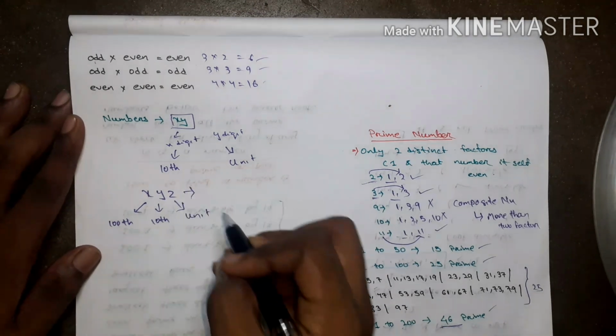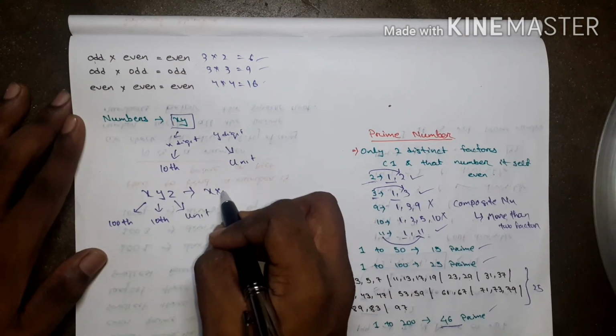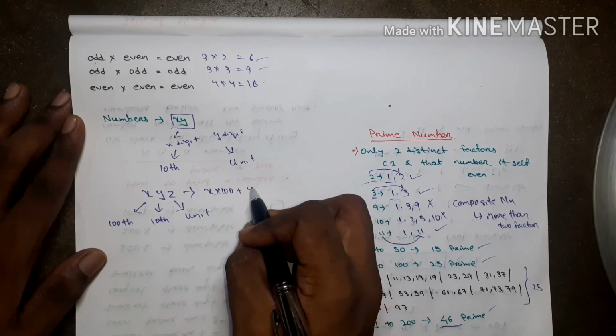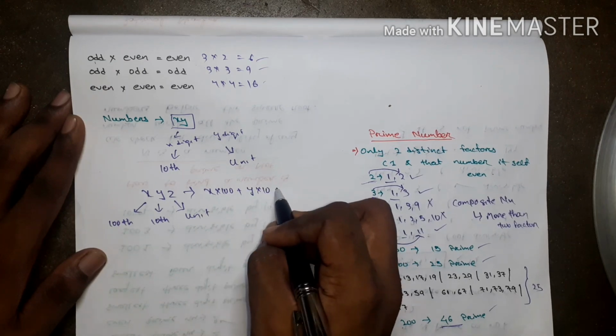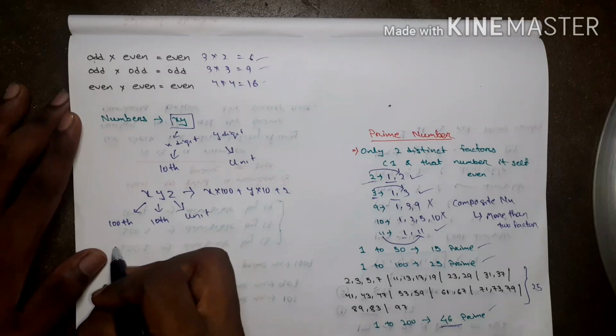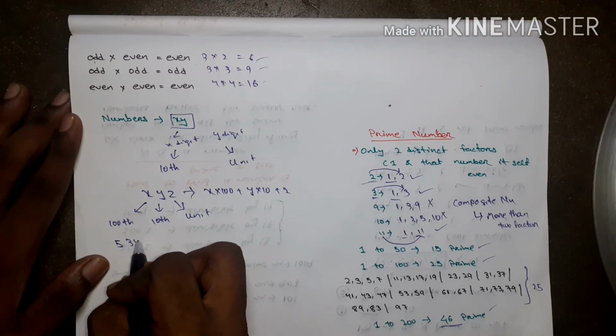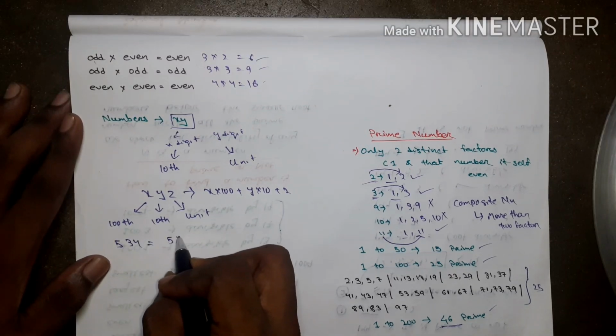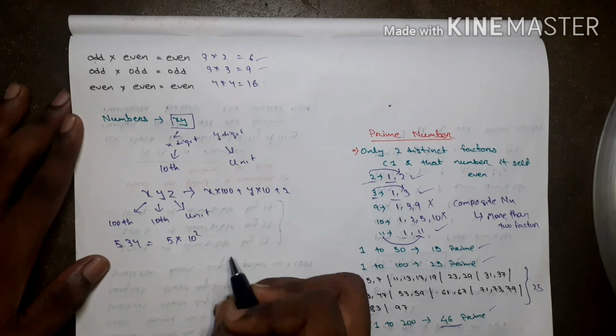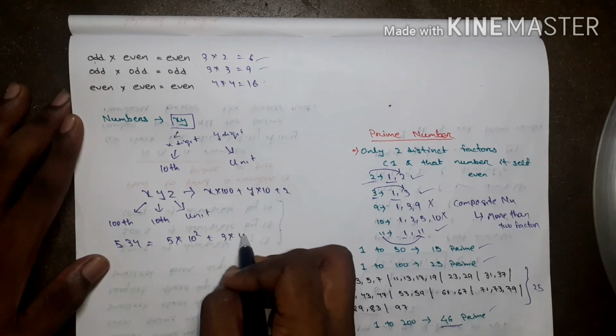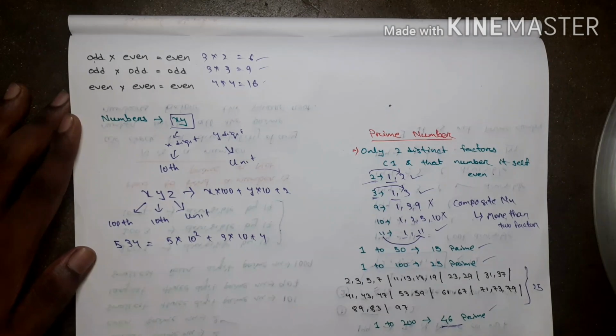That means I can write it as x into 100 plus y into 10 plus z. Then for example 534, that means 5 into 10 to the power 2 plus 3 into 10 plus 4.